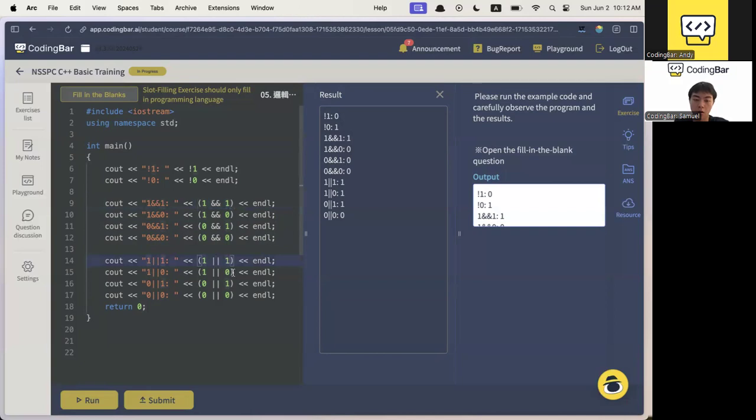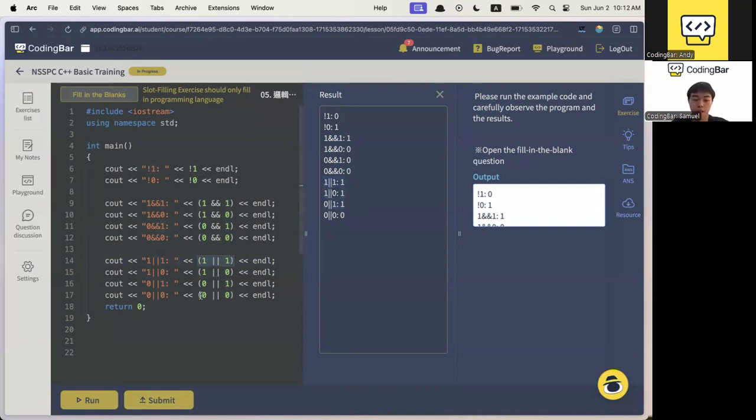How about OR? 1 or 1 equals 1. 1 or 0 equals 1. 0 or 1 equals 1. And 0 or 0 equals 0. So also you can see a pattern here. If either the left side or the right side is 1, that means either condition is true, this is calculated into true.